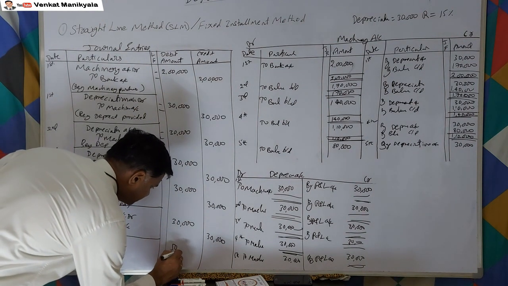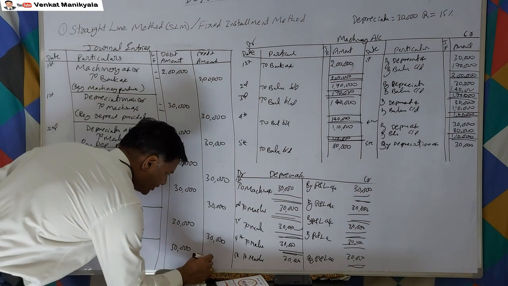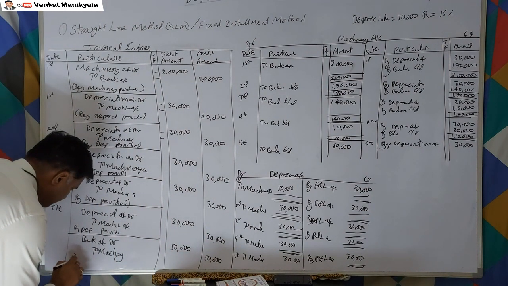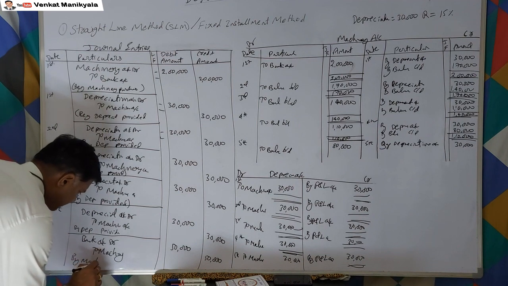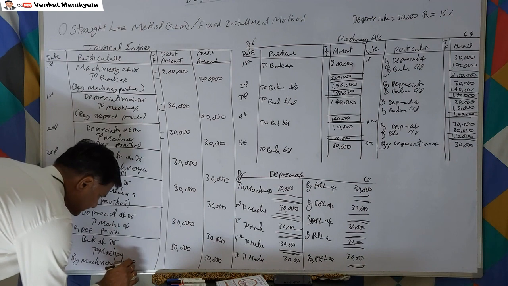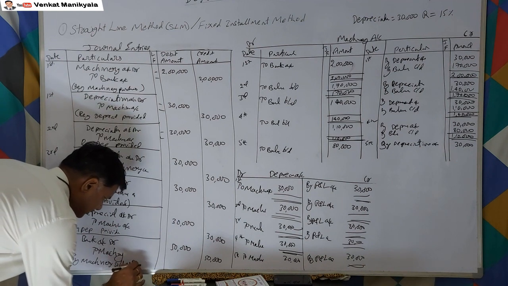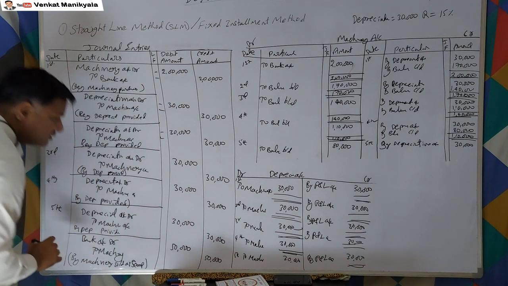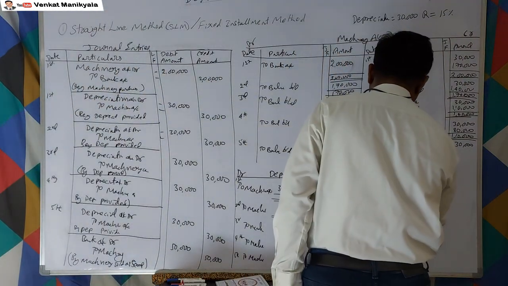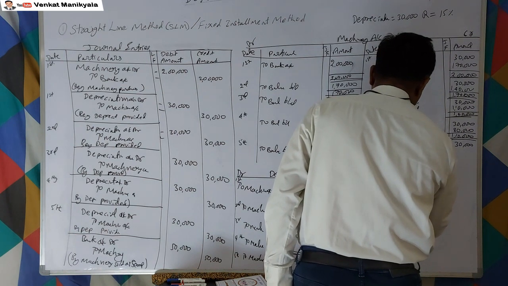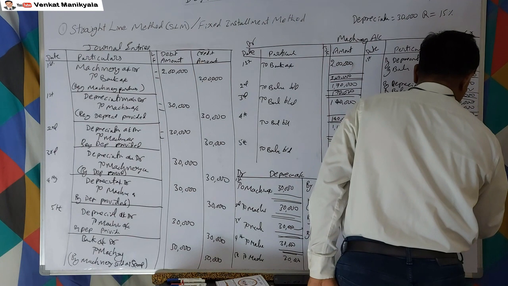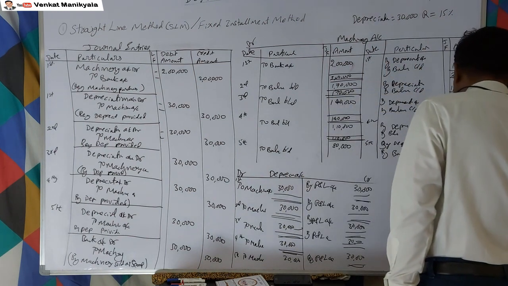So 50,000 is the sale price, right? So being machinery sold as scrap. How much? 50,000, right? So here we have to write by bank account 50,000, right? So now let us balance it.